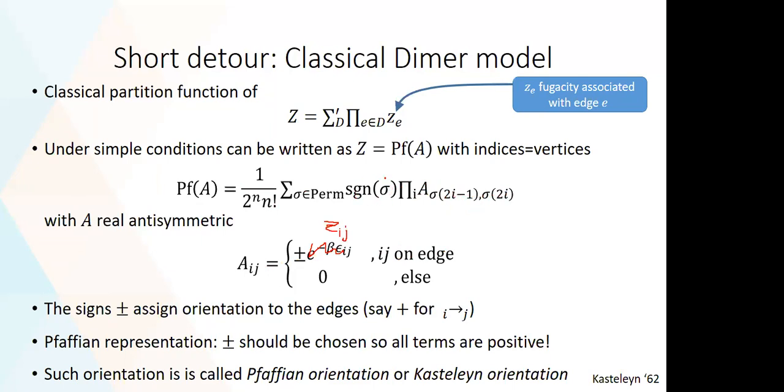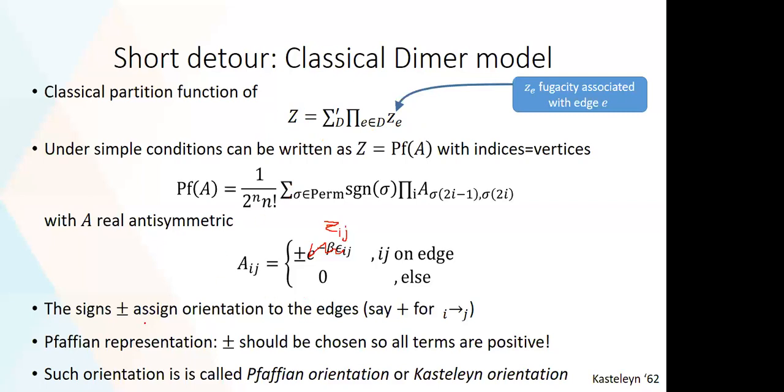The only problematic thing here is that you have this sign of some permutation, which might give you plus minus signs relative to the actual classical partition function.